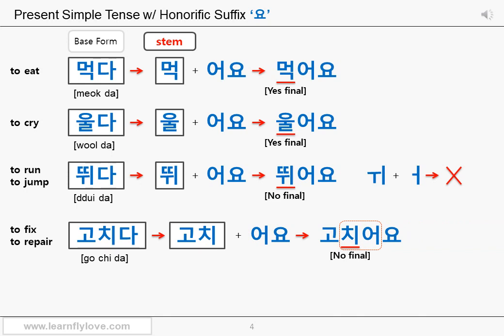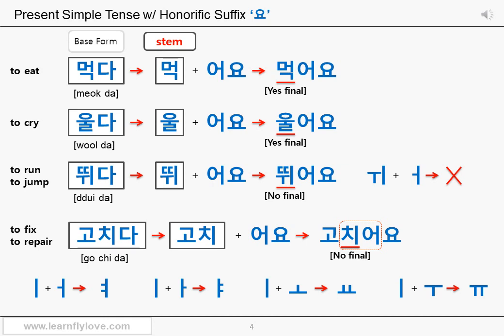I'm not sure if I mentioned this in lesson 1 or lesson 2, but when this ㅣ vowel is merged with other basic vowels like ㅏ, ㅗ, ㅜ, it adds one short stroke to the basic vowel. For example, when the ㅣ vowel is merged with the ㅓ vowel, it becomes the ㅕ sound.